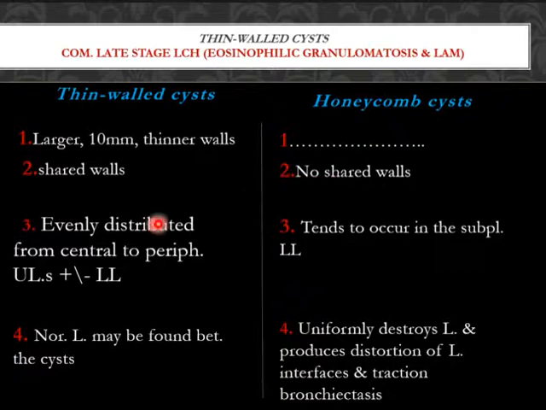This is the reverse. Thin wall cysts are evenly distributed from central to peripheral, upper lobe, plus minus lower lobe, while honeycomb cysts tend to occur in the subpleural lower lobe. In the case of thin wall cysts, normal lung may be found between the cysts, while in honeycomb, the lung is uniformly destroyed. It is difficult to see normal lung between the cysts.